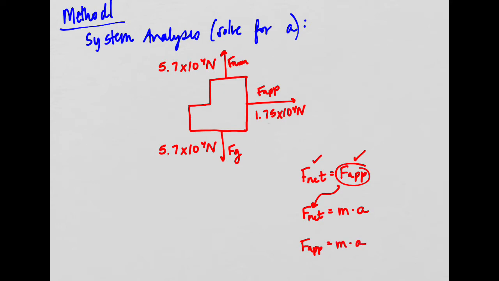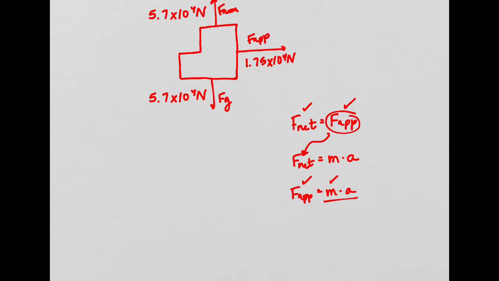Now since I know the applied force, and I know the mass, I just used it to solve for force of gravity, all I have to do is rearrange for a by dividing both sides by m, and I get acceleration equals applied force divided by mass. Then I just need to solve.